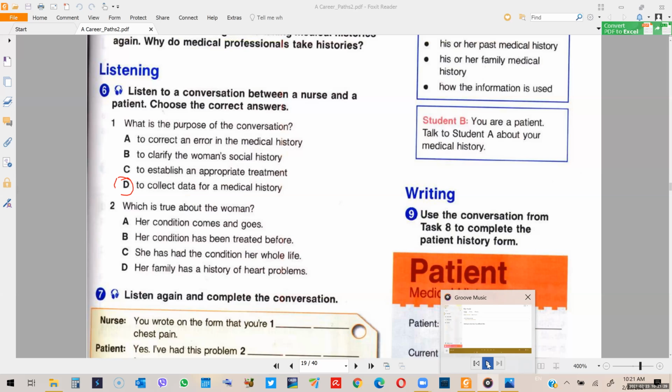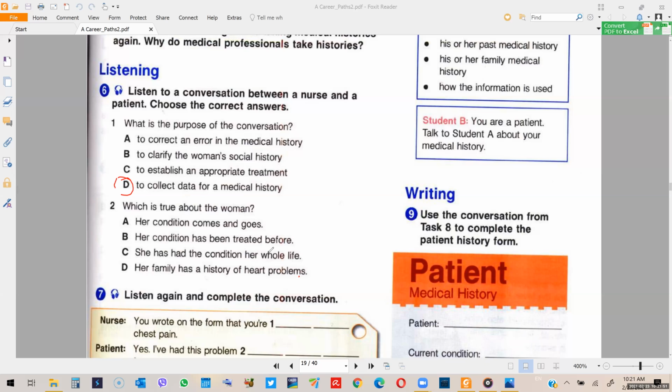Which is true about the woman? Her condition comes and goes, or her condition has been treated before, or she has had the condition her whole life, or her family has a history of heart problems.